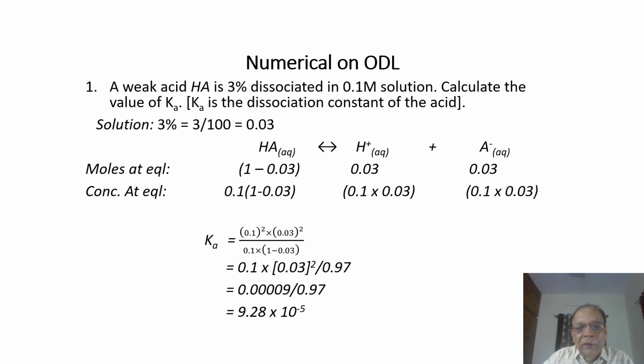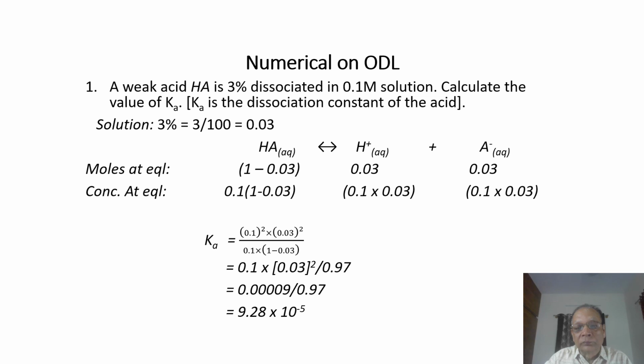The reason is that if 1 mole of HA dissociates completely, I will have 1 mole of H plus and 1 mole of A minus. Therefore, continuing with the same criteria, if only 0.03 moles are dissociated, I will get 0.03 moles of H plus and 0.03 moles of A minus.